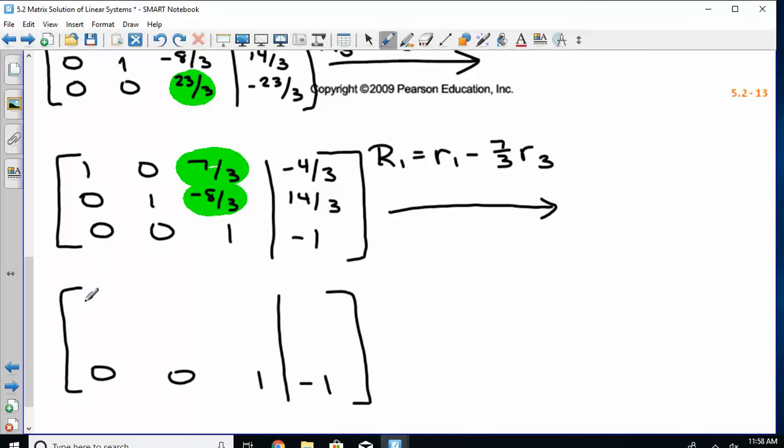So 1 minus 0 is still 1. 0 minus 0 is still 0. 7/3 minus 7/3 times 1 is 0. Negative 4/3 minus 7/3 times 1. Sorry, times negative 1. And that gives us a 1.